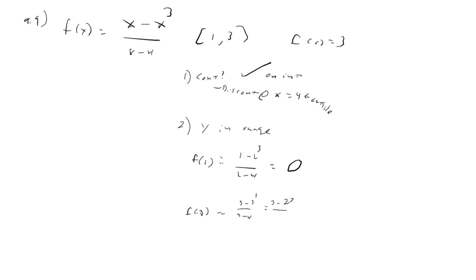Over negative 1, that's going to be negative, nope, that's going to be positive 24. So it looks like, yes, 3 is between those two, we're okay. 3 minus 27, negative 24, negative 24 divided by negative 1, positive 24. Between 0 and 24, we have a 3. So we're good.